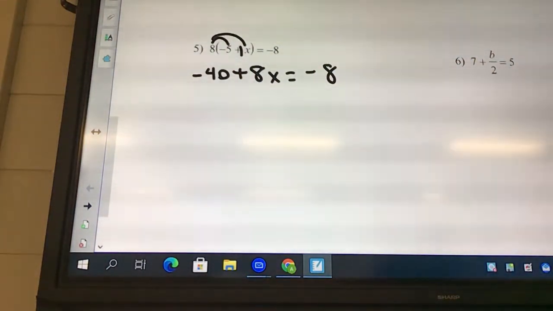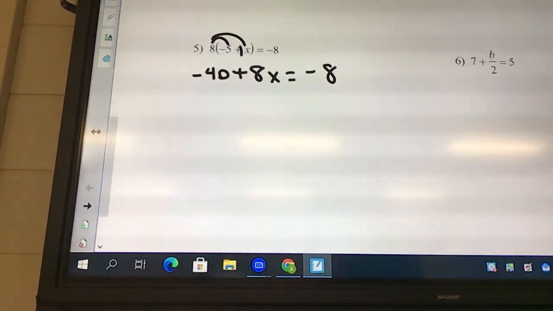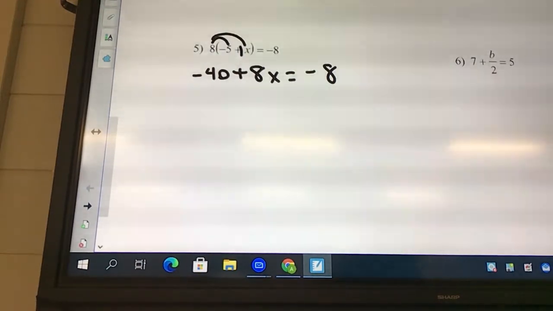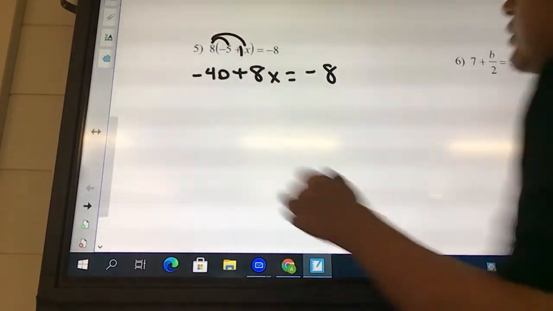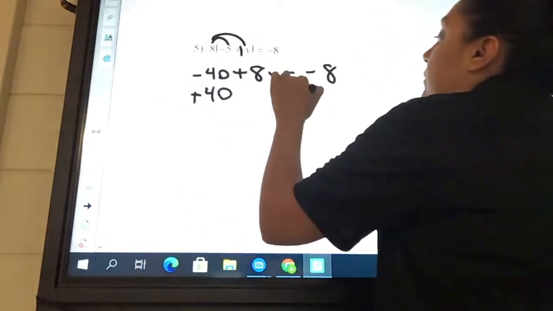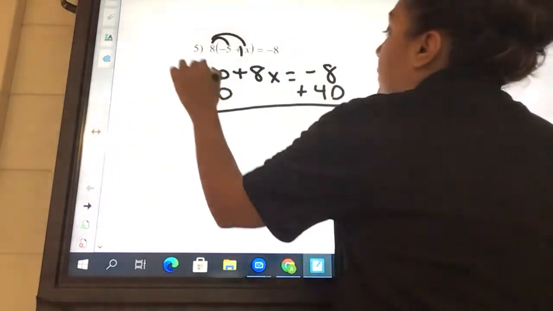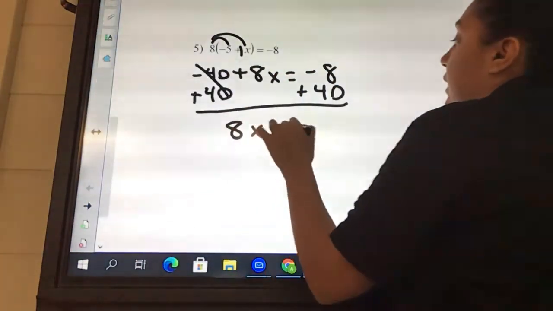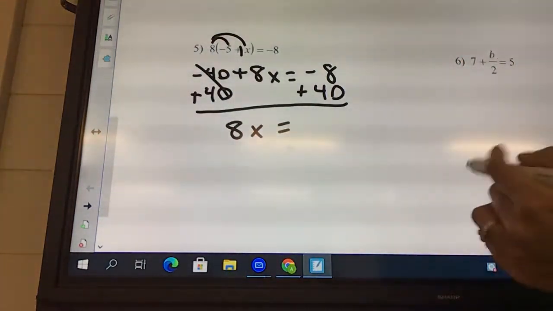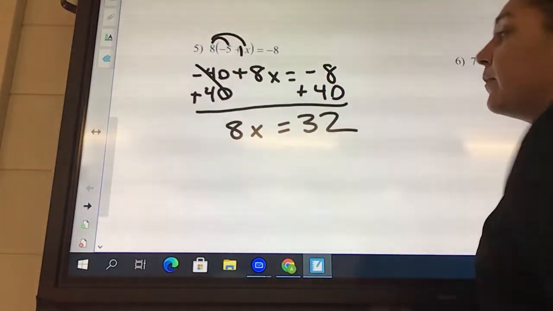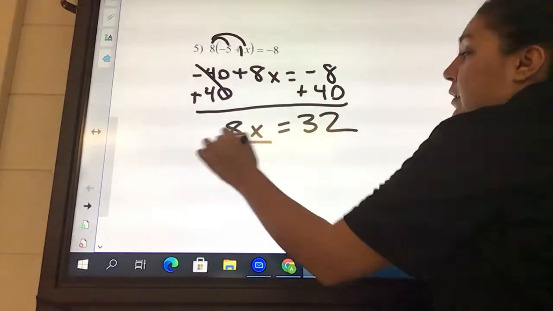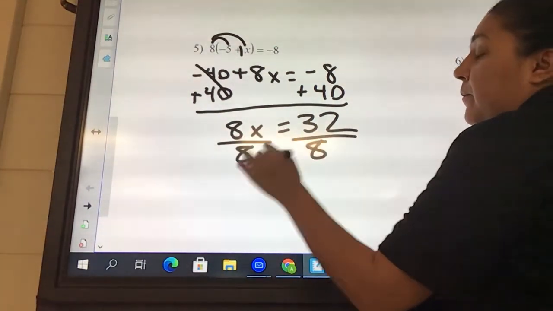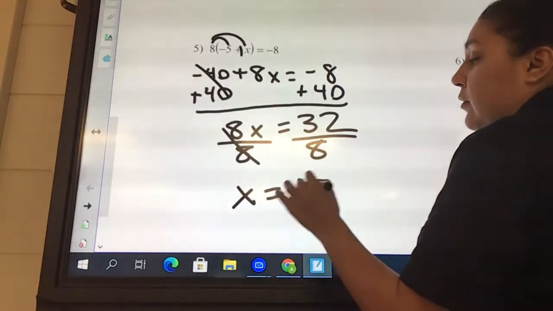Okay, and then we're going to add 40 to both sides. Okay, so you got 8x equals negative 8 plus 40, which is 32. Okay, and then our last step is always to divide by 8. So you got x equals 4.